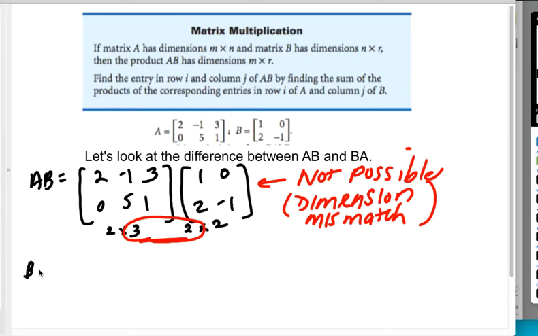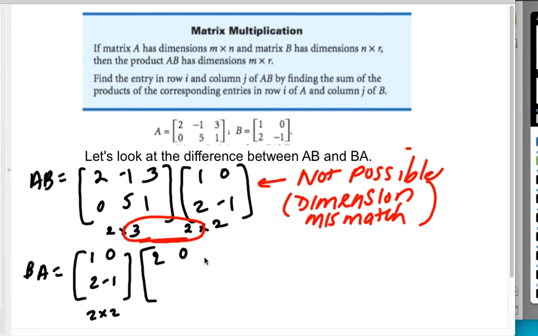So BA is going to be 1, 0, 2, negative 1, which is a 2 by 2, times 2, negative 1, 3, 0, 5, 1, right? So I'm going to fix that negative 1 so that I don't get completely confused. All right, cool.